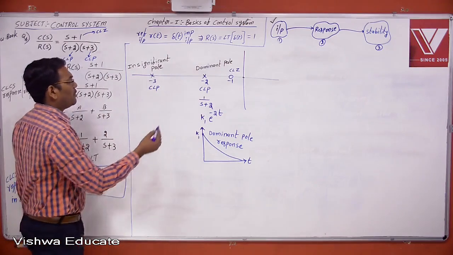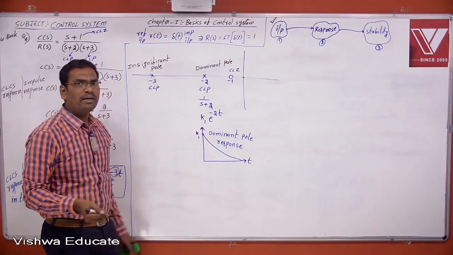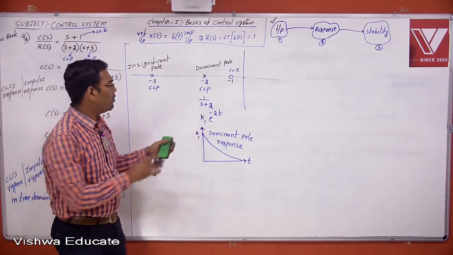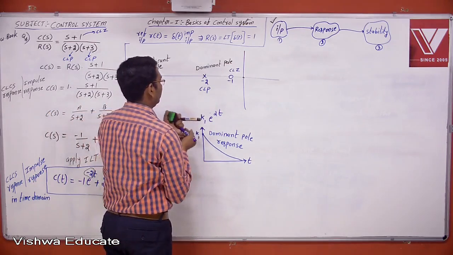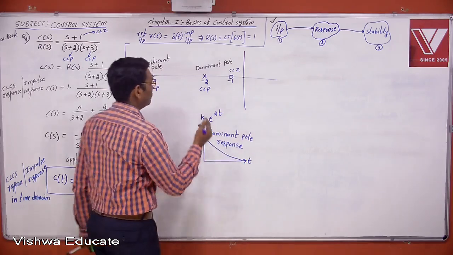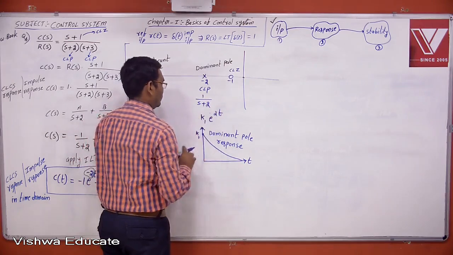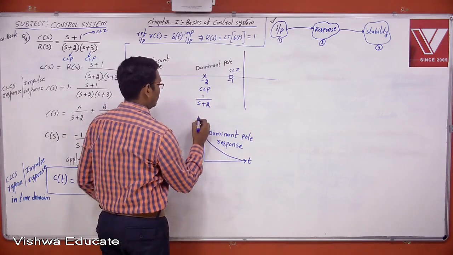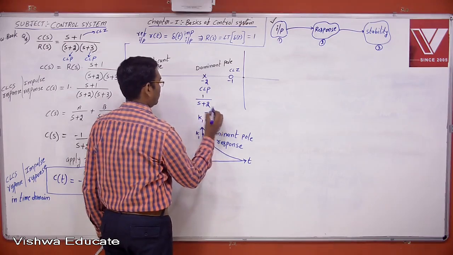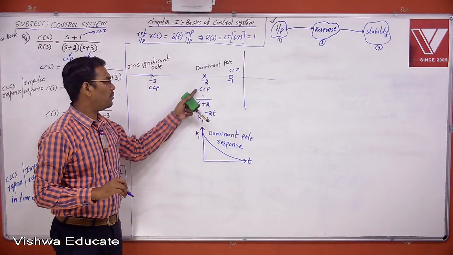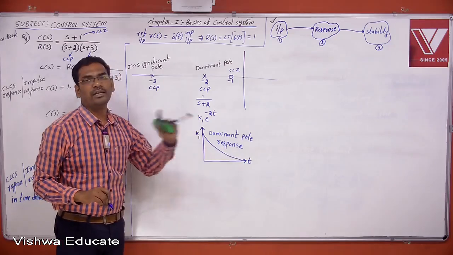Next, see here, this is the insignificant pole, right? But this is the dominant pole. The dominant pole is 1 by s plus 2. Its transformation is k1 times e power minus 2t, which is exponentially decaying.